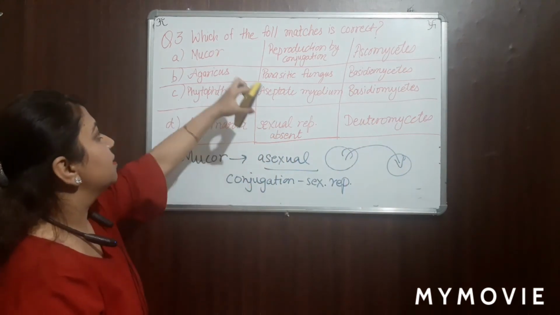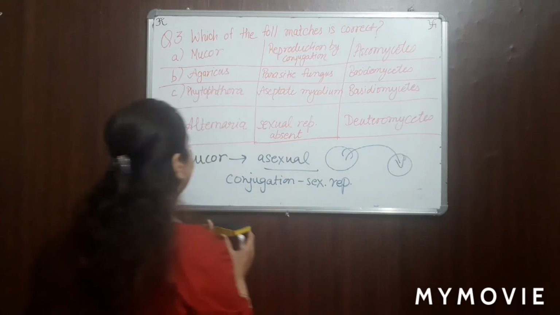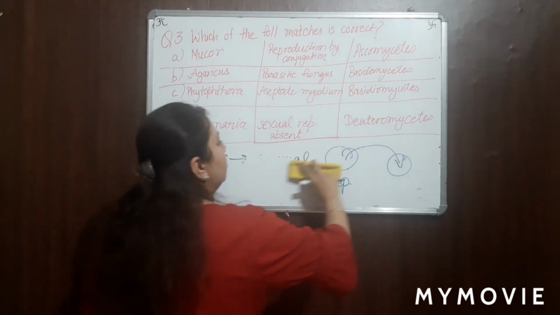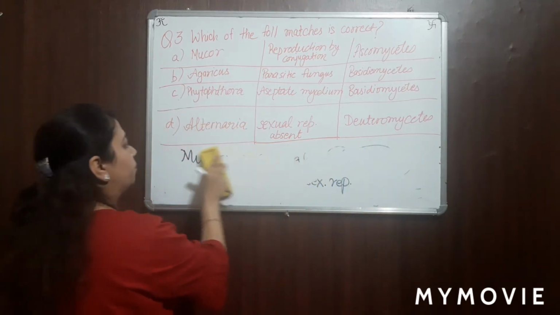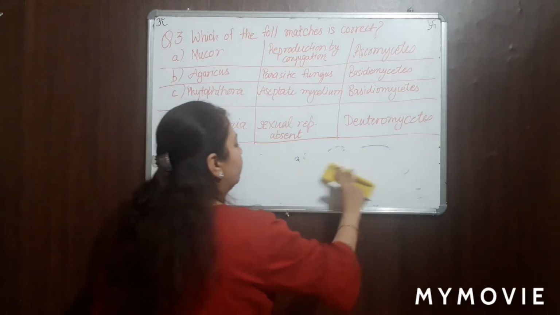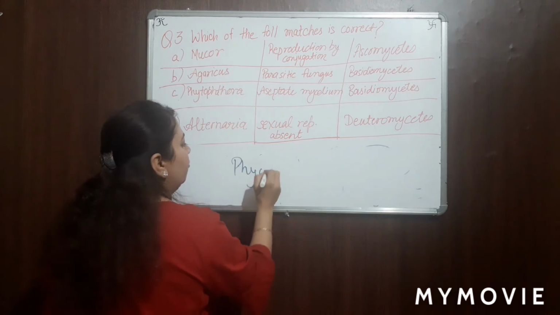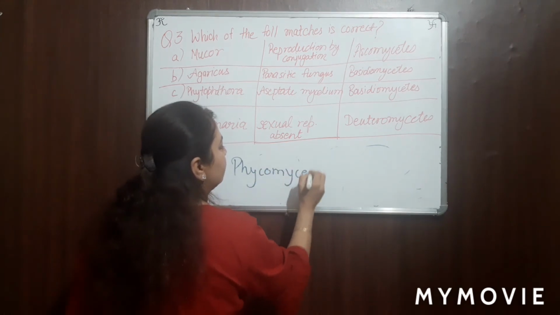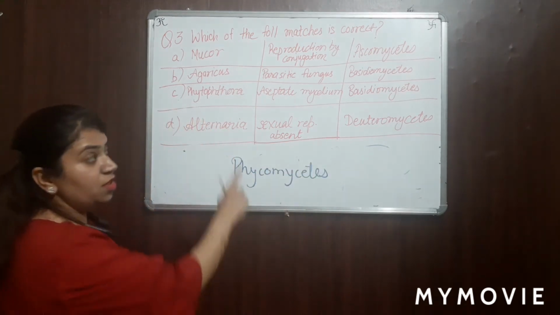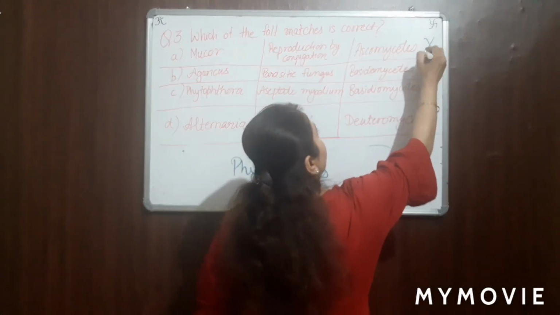So this is incorrect and it is written ascomycetes, whereas mucor is what? Mucor is phycomycetes, right? So this option is incorrect.